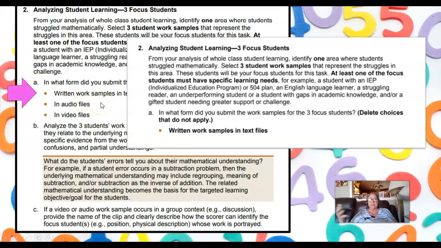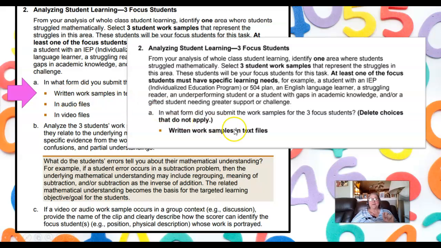I know we say don't mess with the template. Well, you will mess with the template if they tell you to, right? So this says delete choices. This is a common question. Oh no, it says delete choices. Am I going to get a condition code for deleting choices? No, you're not. Chill. Okay, written work samples, audio files, video files, whatever you did.